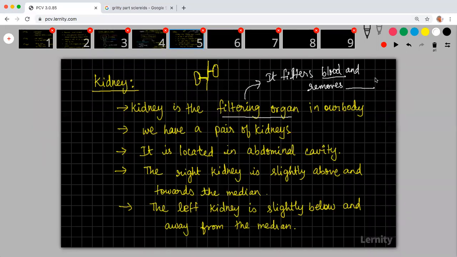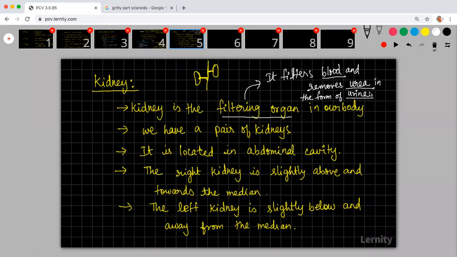You will not say urine, you will say it removes urea, in the form of what? Here you can say urine. Kidney is a filtering organ that filters blood and removes urea in the form of urine.